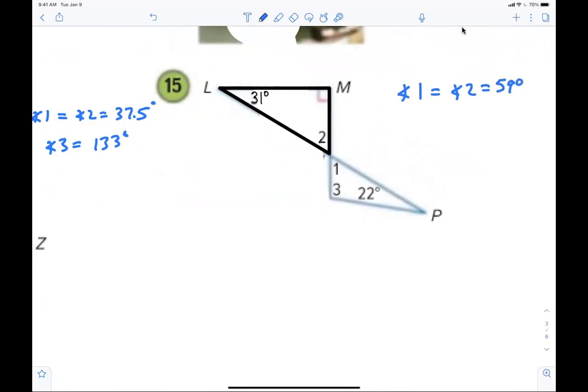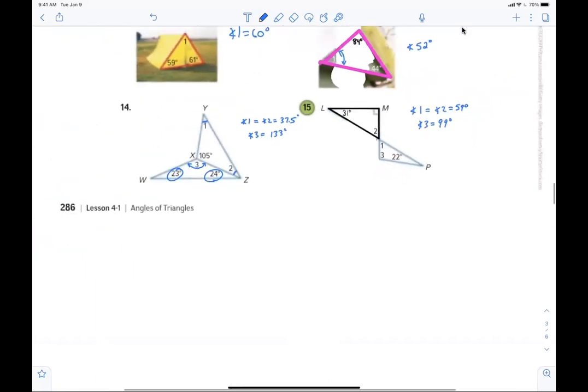And then, of course, angle 3. How much? 99 degrees. What'd you say, Maren? 99. All right.